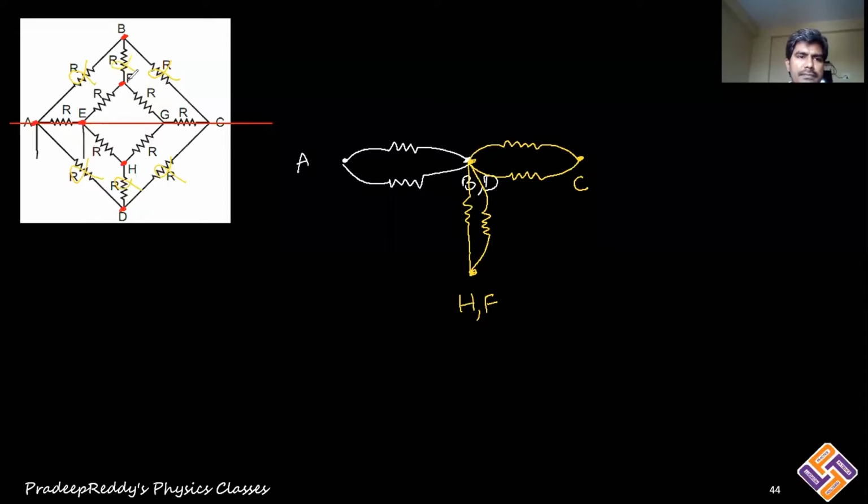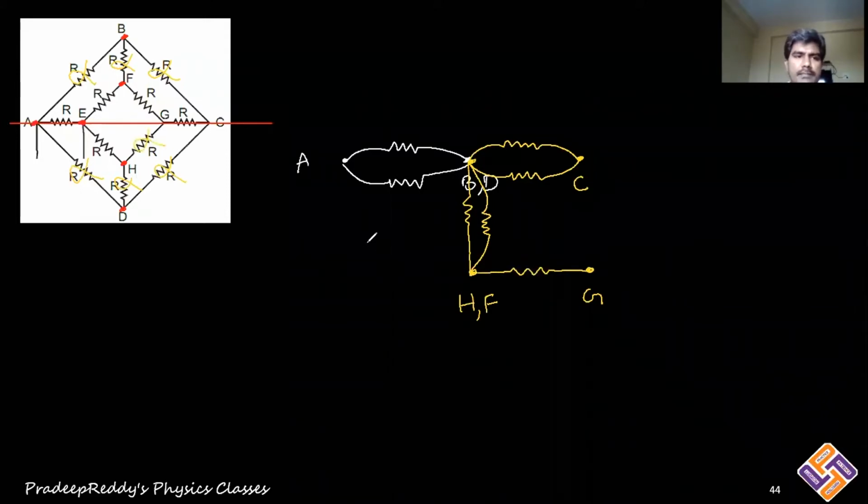Next, what is left over? From E to F, you have one resistor, but we did not mark E. We have marked only C. And we have resistors from F to G and H to G. So I'll take that upward, and let me consider this position as G. Between H and G, there is one resistor.